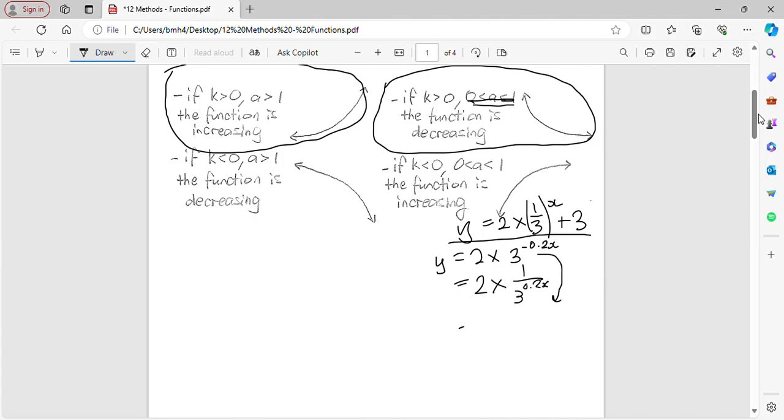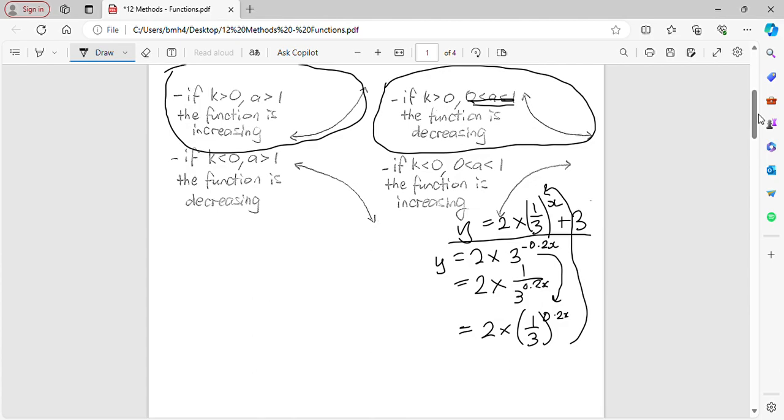but really we can write all of this as 2 times a third to the 0.2x, because 1 to the power of anything is always going to be 1 anyway. So we've got something that looks like this.